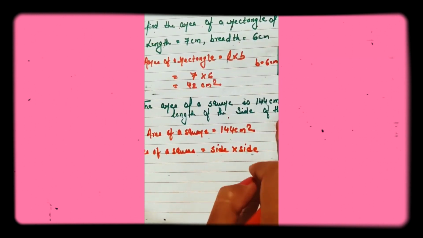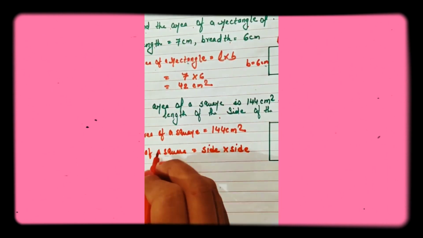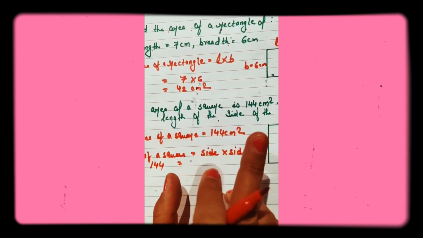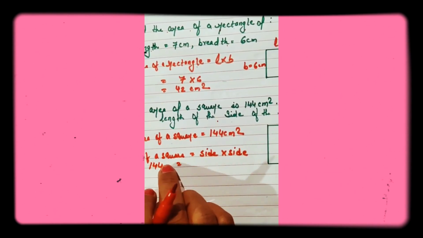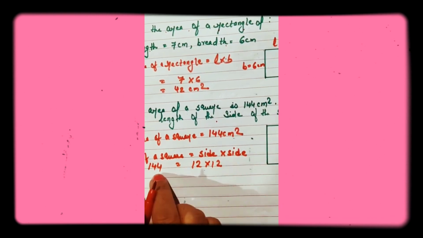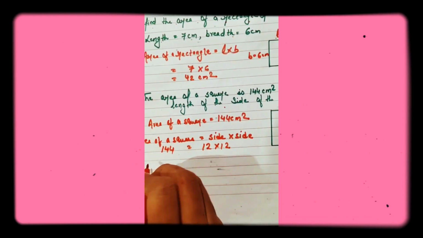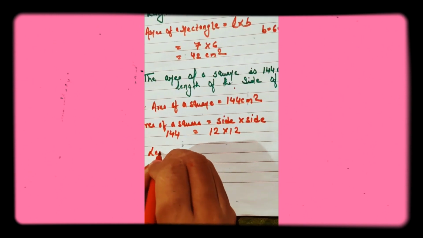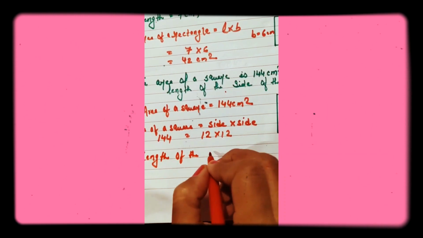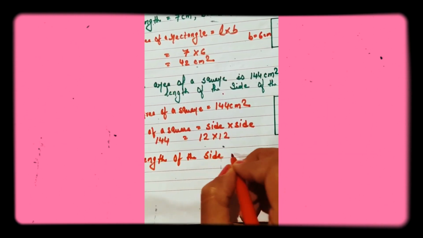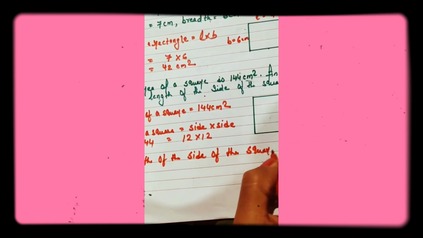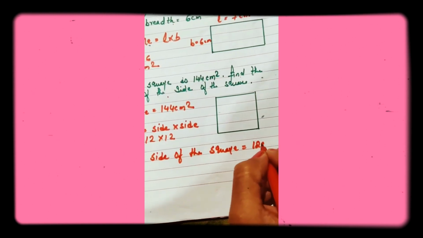You know your area of square, full area is given 144 centimeter square, and we have to find out one side. So you know 144 is to multiply with 12 into 12. 12 into 12 is 144. So your length of the side of the square equal to 12 centimeter.